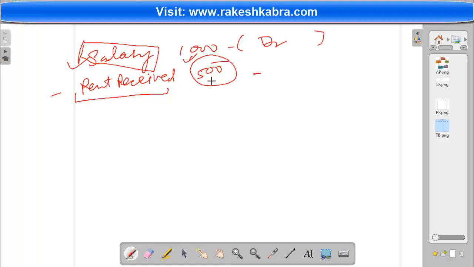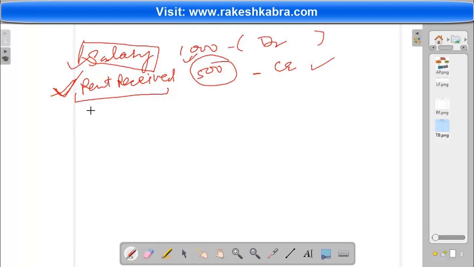Now we have to decide whether it is debit or credit balance. Rent received is nominal and it is income. We got the rent, so it is income. And as per the nominal account, credit all incomes and gains, isn't it? So this 500 balance is which one? Credit balance.